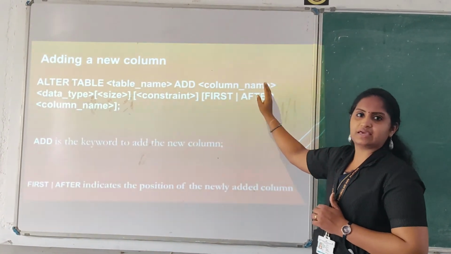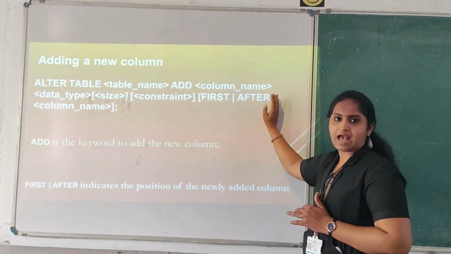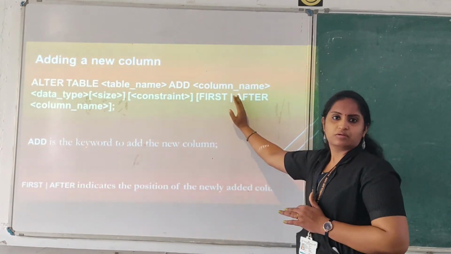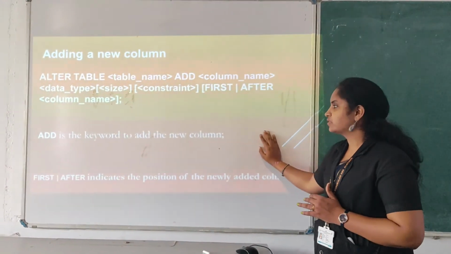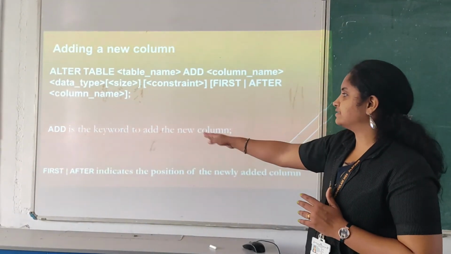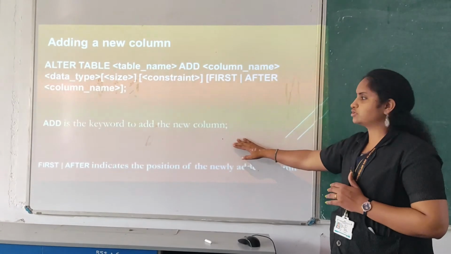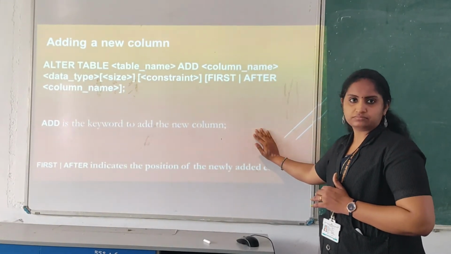For example, a CE mark column you apply after the average, before any special column you can apply like this. Here you can see that add is the keyword we are using to add a new column.